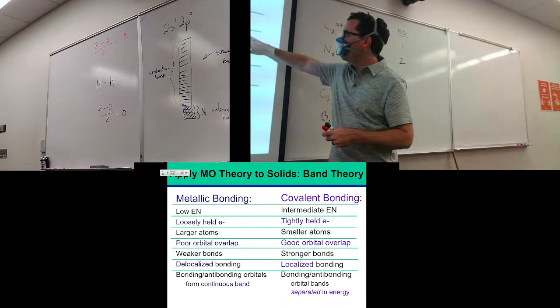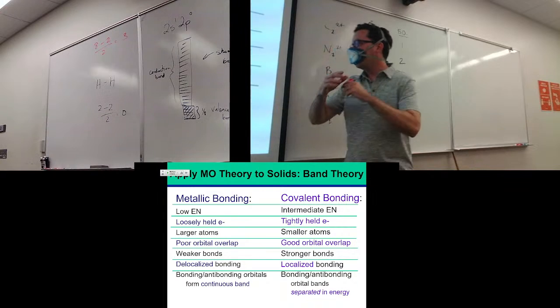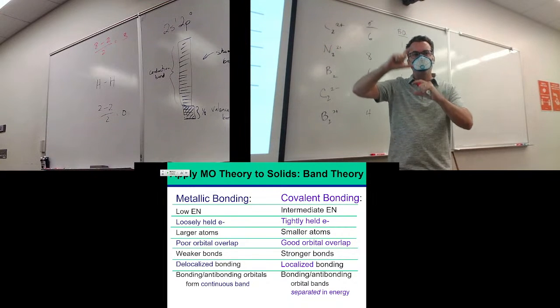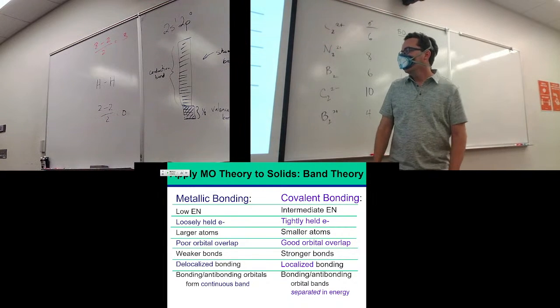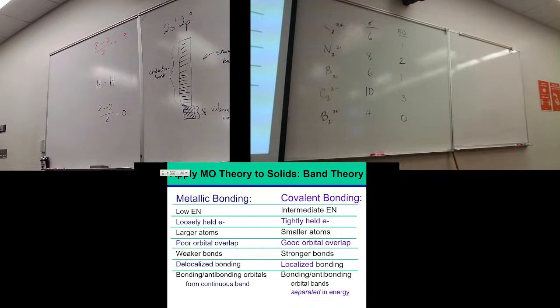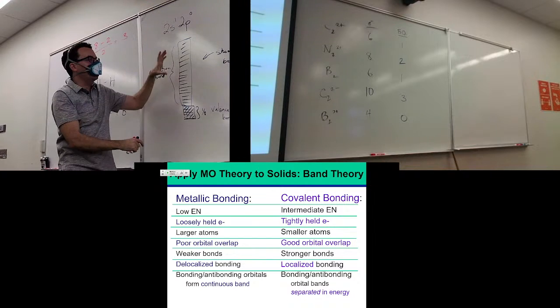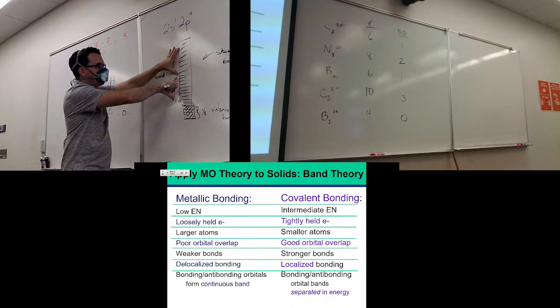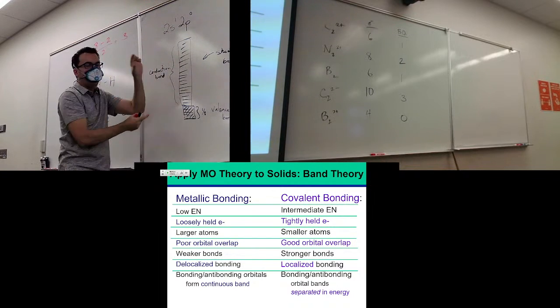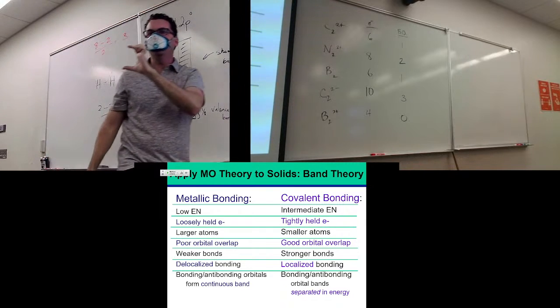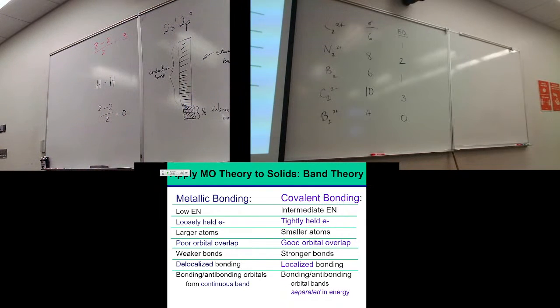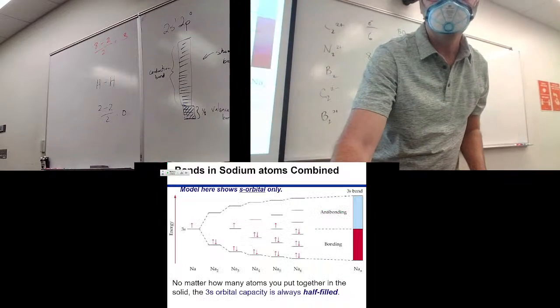And because of the good orbital overlap, the bonding-antibonding separation is a lot bigger. That tends to cause a separation between bands. You might have a band that's one size and another band that's another size, and there'll actually be a gap between them. And that's going to affect things like conductivity, you'll see.